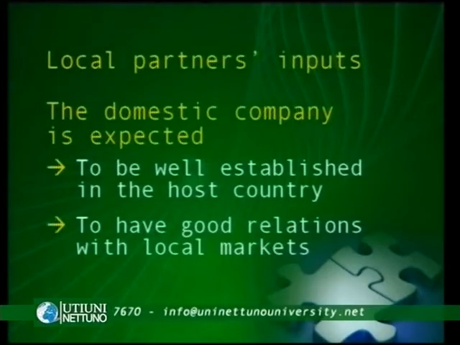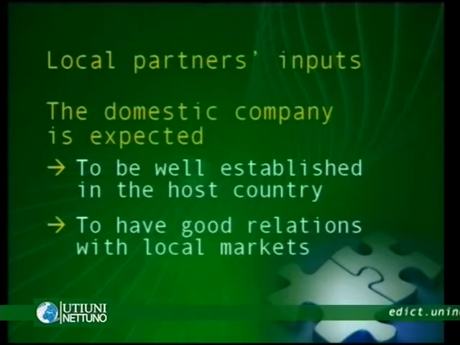Local partners' inputs. The domestic company is expected to be well established in the host country and to have good relations with local markets.